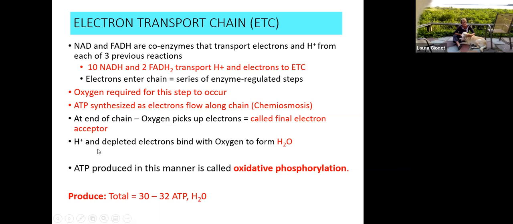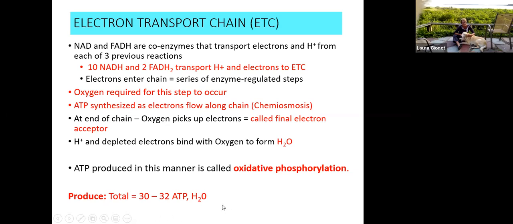The hydrogen ions and depleted electrons bind with oxygen to form water. ATP is produced in this manner, called oxidative phosphorylation. Ding, ding, ding. And it produces, depending on how a question is asked, a net of around 30 to 32 ATP and multiple water molecules.